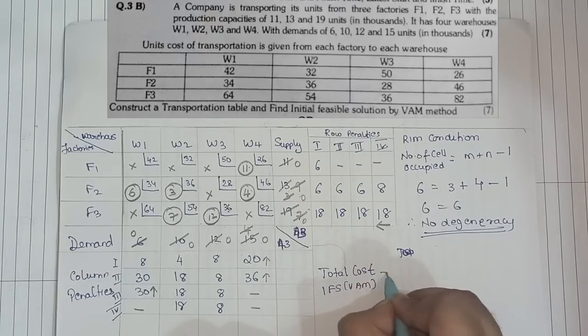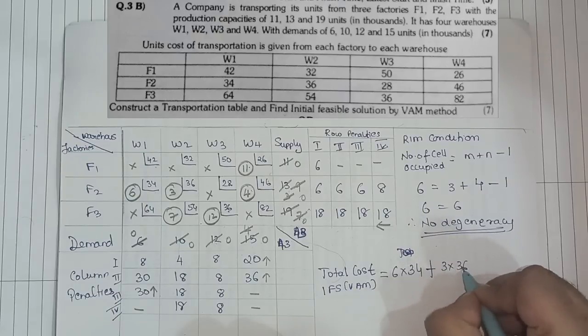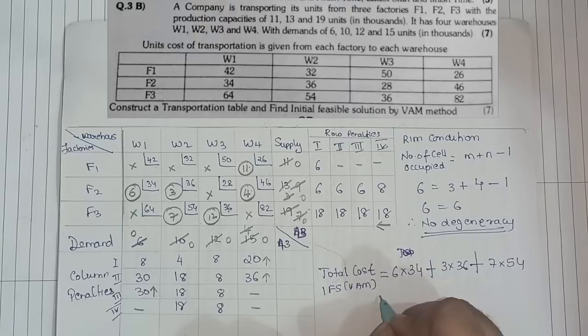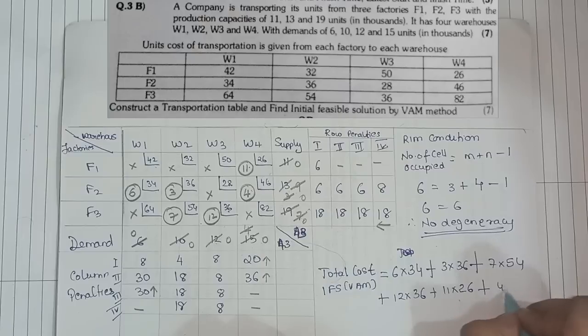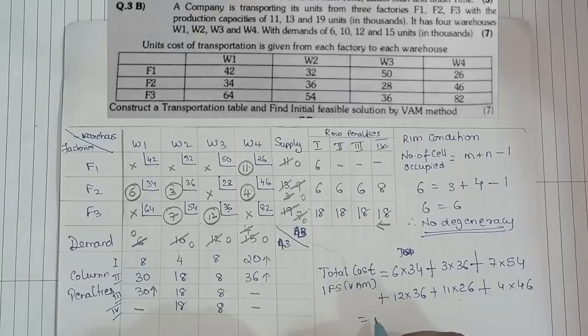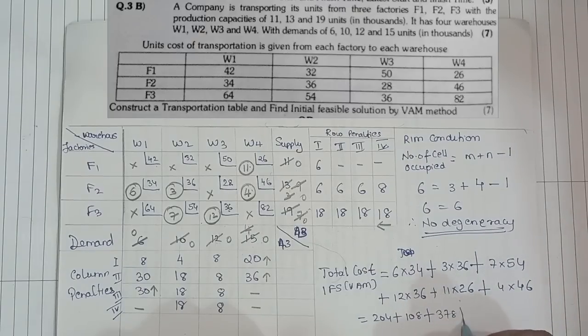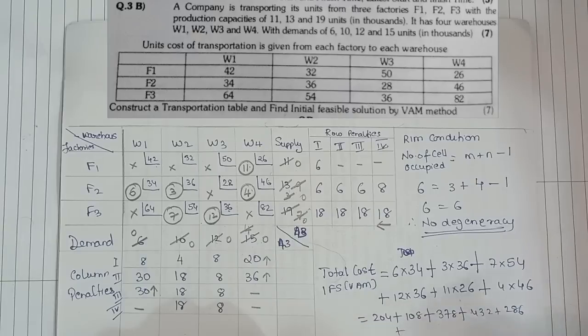So the total cost is equal to 6 into 34 plus 3 into 36 plus 7 into 54 plus 12 into 36 plus 11 into 26 plus 4 into 46, which is equal to, on the calculator, 6 into 34, 204, plus 3 into 36, 108, plus 7 into 54, 378, plus 12 into 36, 432, plus 11 into 26, 286, plus 4 into 46, 184.